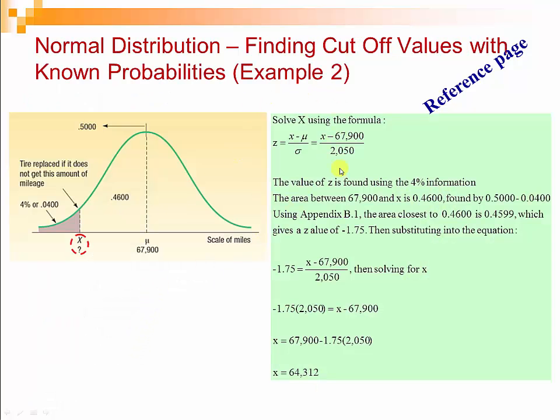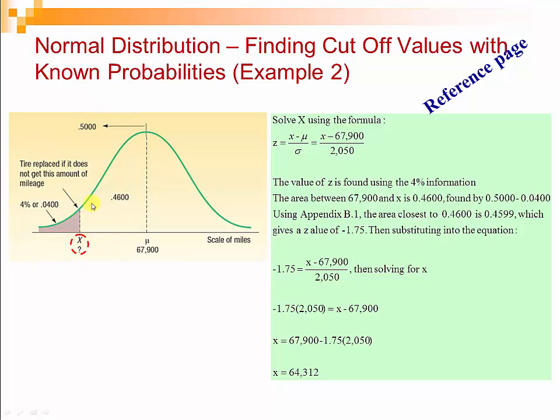Well, we solve it using the Z formula first of all, and we're using the 4% information. The area is between 67,900, which is our mu, and 0.46, found by 0.5 minus the 4%, because remember, everything to the left is 0.5.